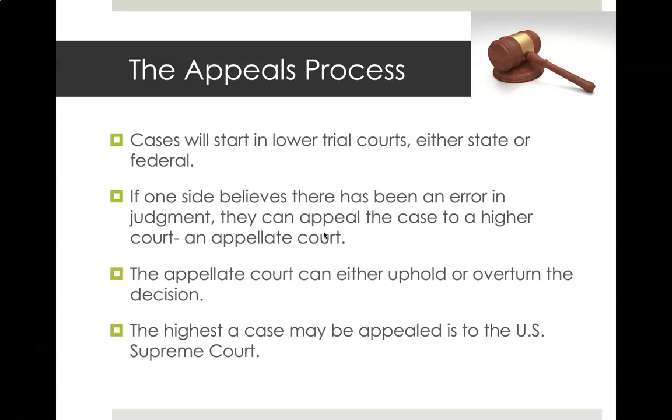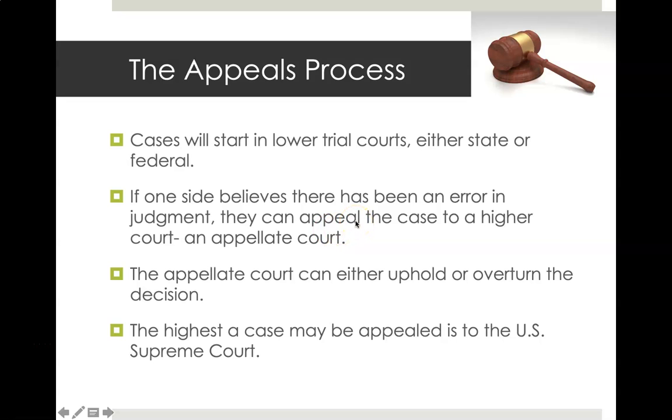So for my example, we'll just say Brown versus Board of Education, okay? So originally, Brown versus Board of Education started out on a lower level in the state courts. They found that it was legal for segregation, so they appealed that case.